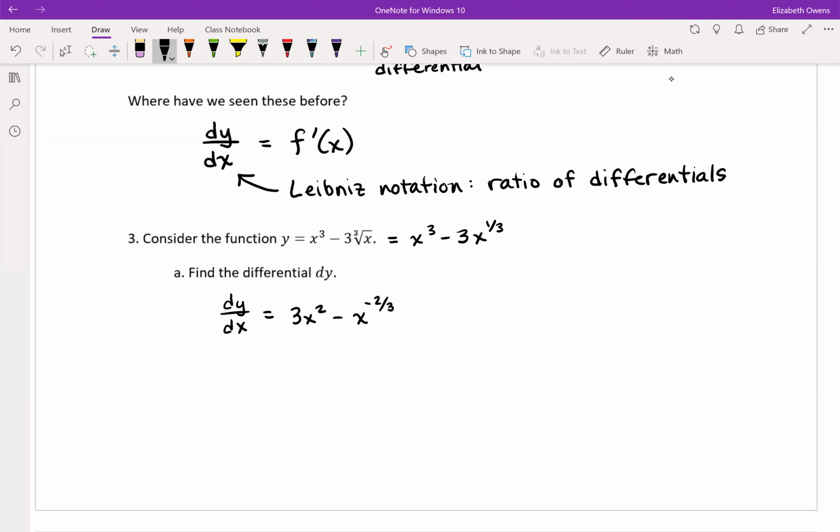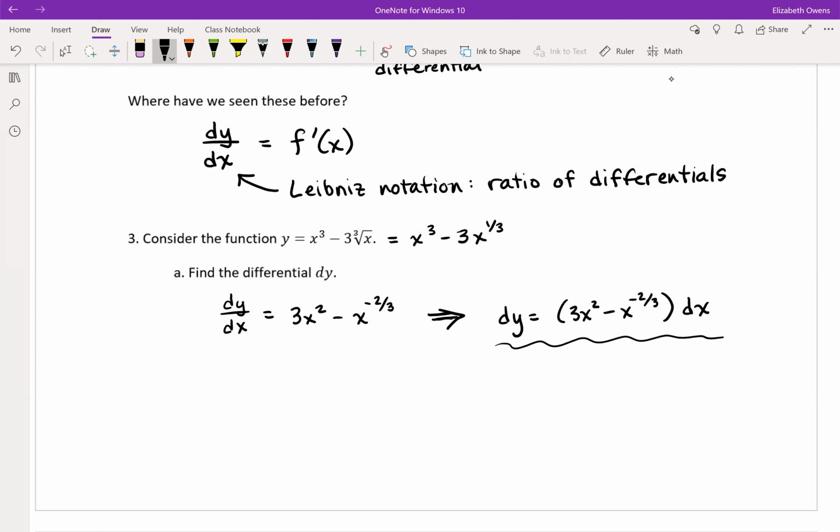And then to get differential dy solved for by itself, just multiply on both sides by that little dx differential. And you'd come up with dy equals 3x squared minus x to the negative 2/3 times dx. And that's how we would define that differential dy. That's all there is.